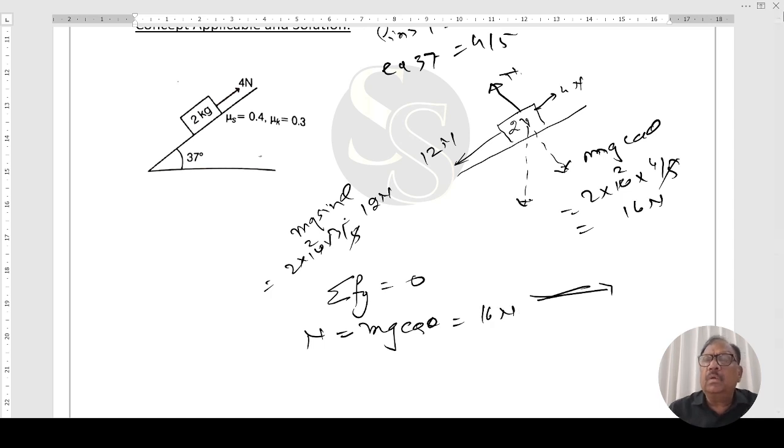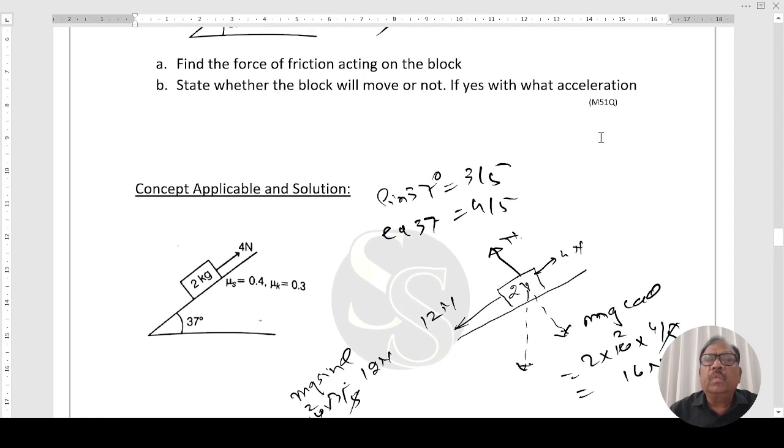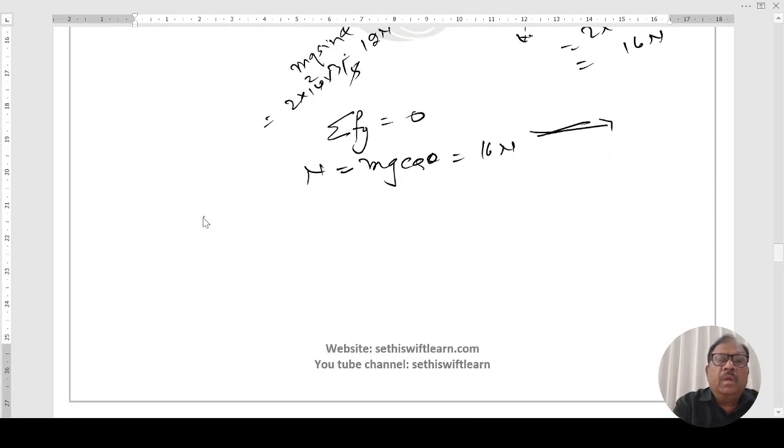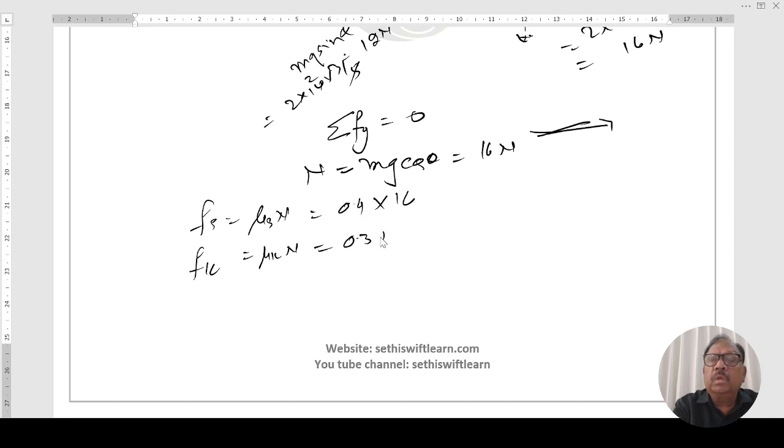Now Fs and Fk: µsN and µkN, with µs 0.4 and µk 0.3, into 16. That gives 6.4 Newton and 4.8 Newton, right?